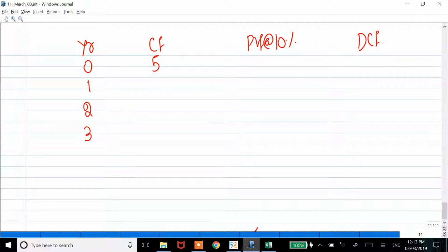Year 1 is 21.06 minus 30% of 26.06. 21.06 minus 30% of 26.06.